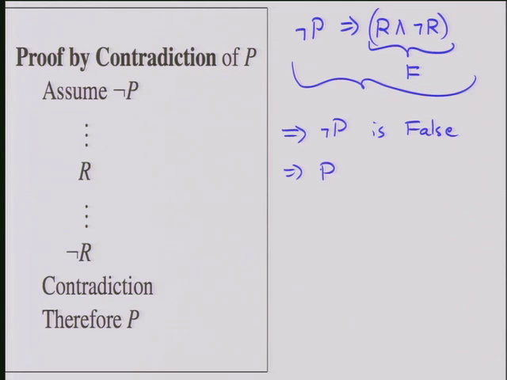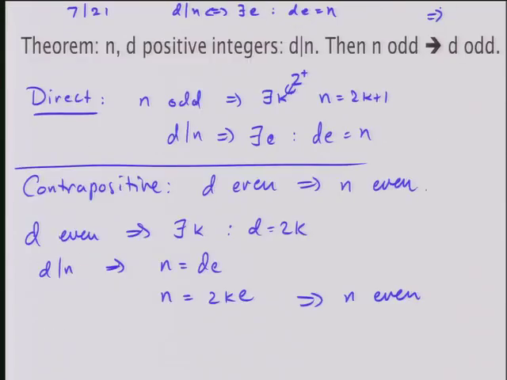So everyone clear? What we're using is the fact that when you have a contradiction, you're proving something implies false, and then the only way this can be true is if the antecedent is false.